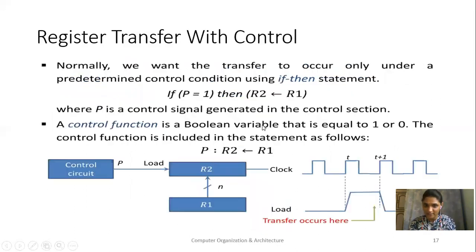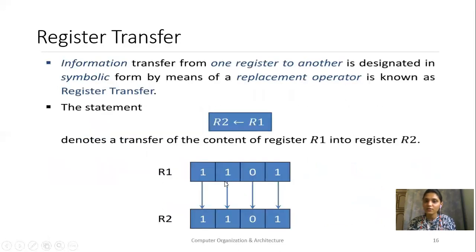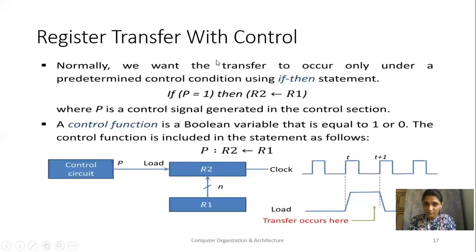Here we don't have any condition to load this number into register R2. If you want to use a condition, for example, if condition P is fulfilled, then its value will be 1, and only then you transfer the content of register R1 to R2. This representation is like a higher level language.